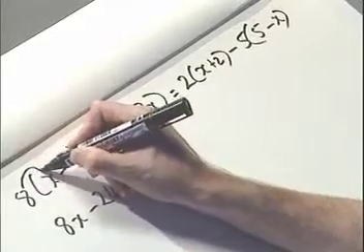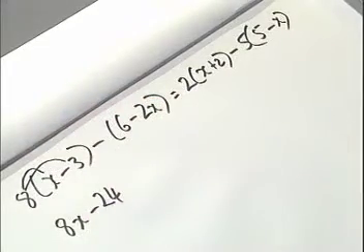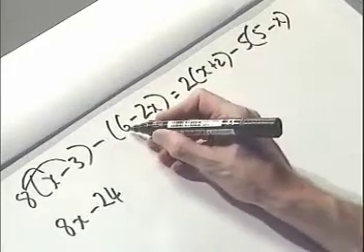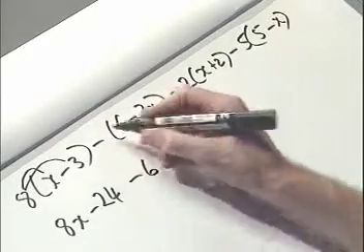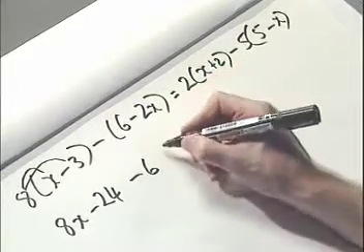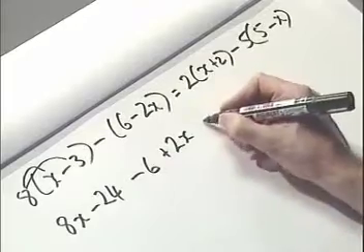So with 8 times by x and with 8 times by minus 3. Now we remove this bracket, we're taking away 6, so that's minus 6, and we're taking away minus 2x. And a minus minus gives us a plus, so that's plus 2x.